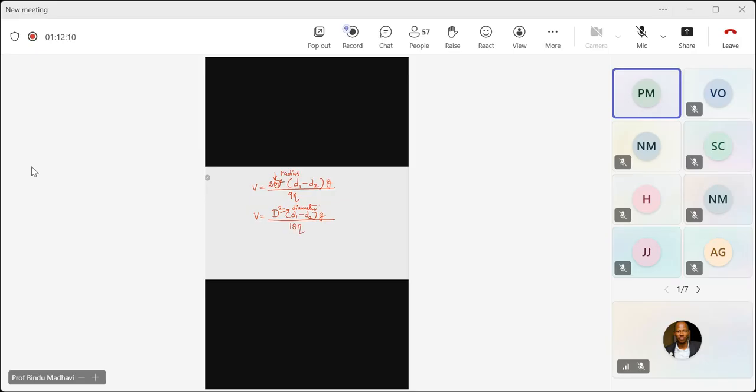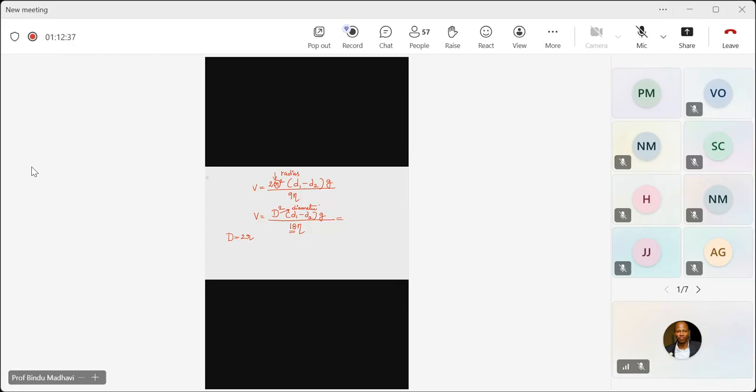So now we are going to use 18 in the denominator. Why are we using 18 in the denominator? Like you see this one, D is 2R. Do you agree? Yes. Can we write diameter as 2 multiplied by radius?